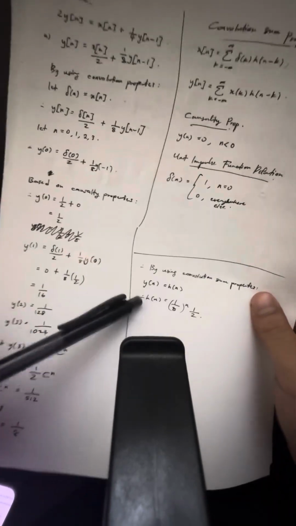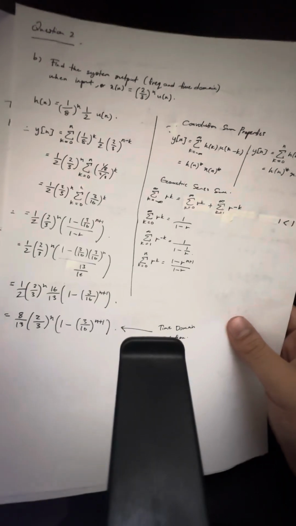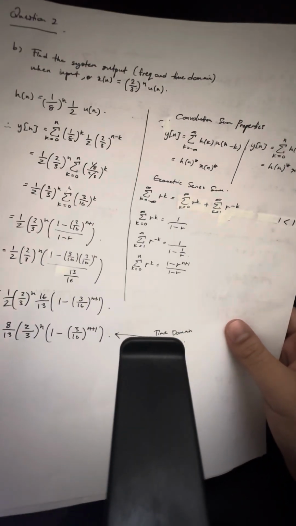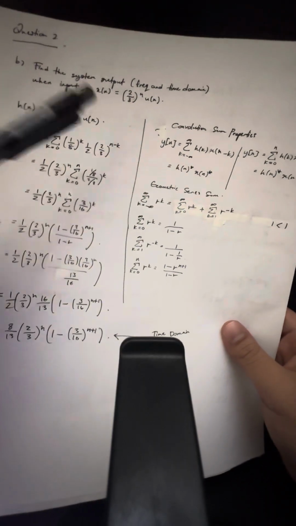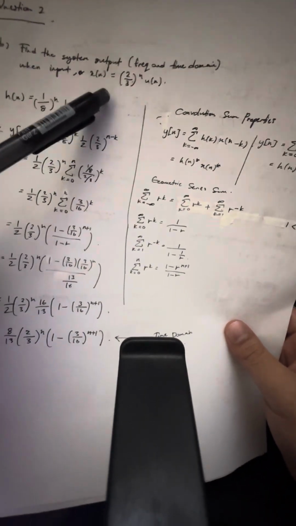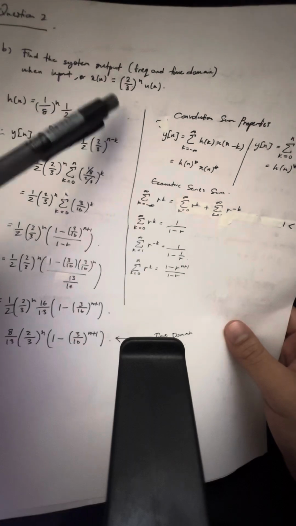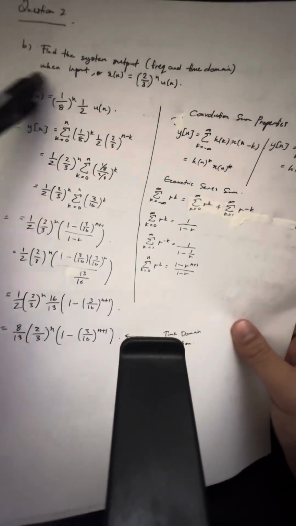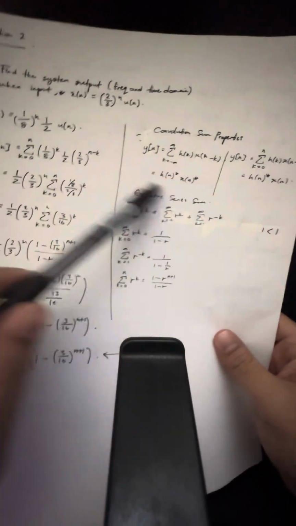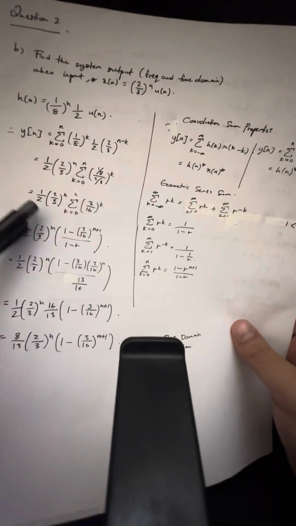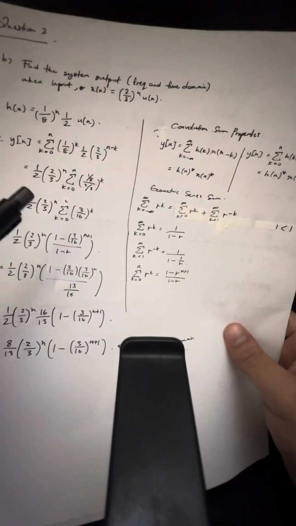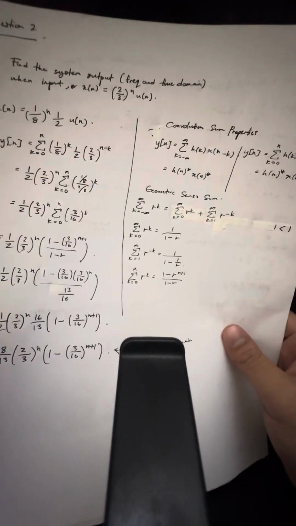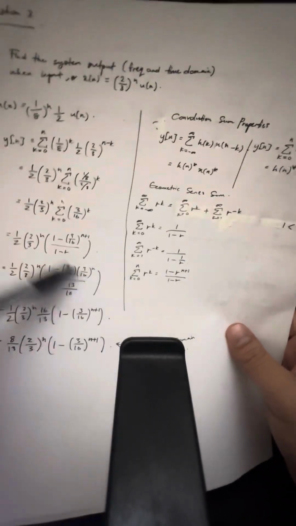For question 2b, we need to find the system output for both the frequency and time domains when the input x of n is equal to 2 over 3 to the power of n times u of n. Since we already have an equation for h of n and the convolution sum properties, we can calculate the time domain system output because we're already in the time domain.